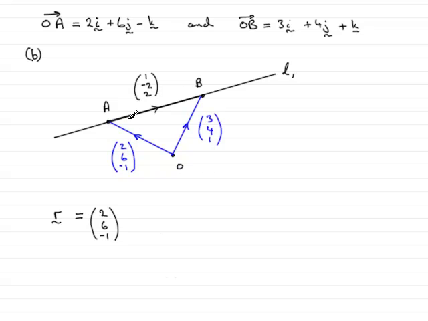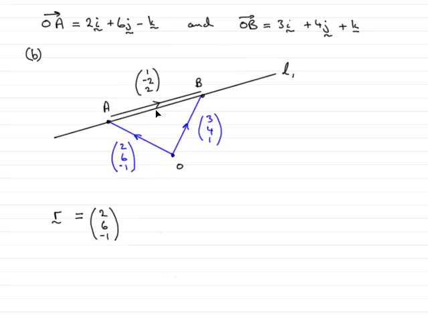Then, as I say, to get to any point on the line, all we need to do is just simply take this vector and move it. Okay, so if I wanted to go, for instance, from O to say this point out here, I would need to go up here and do a couple of these vectors.